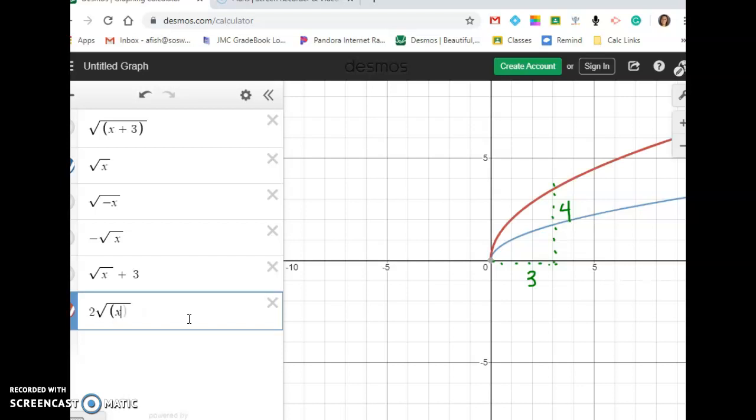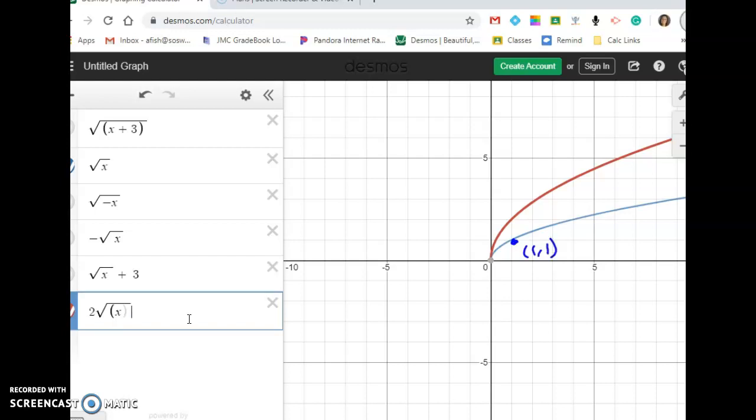So if you look here, you can see based on that red graph that it stretched it vertically. So here's how I like to think of it. I like to think of it as I pick a point here. So on the original function, it's 1, 1. I should do that in blue, because you know that would be the parent function.